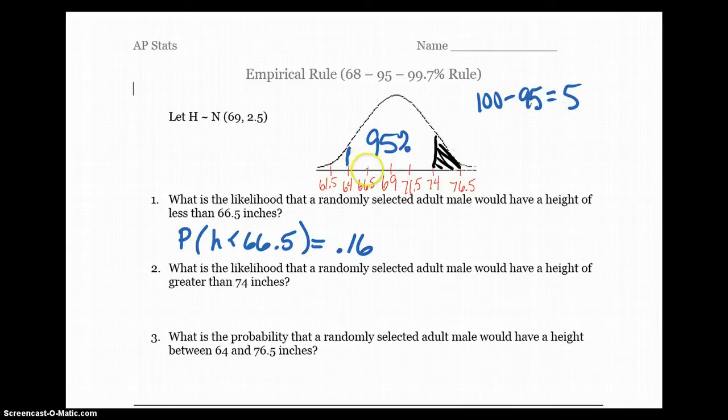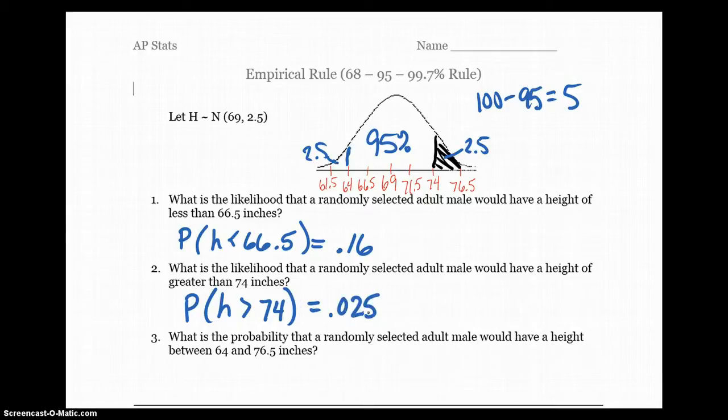So the 2 tails together total 5%, so each one is 2.5%, or 0.025. So the probability that H is greater than 74 is 0.025, or 2.5%.